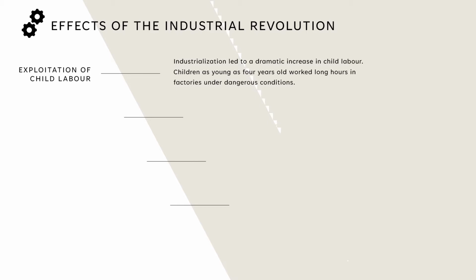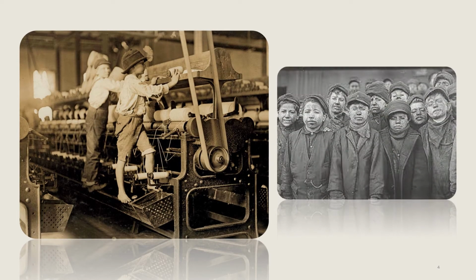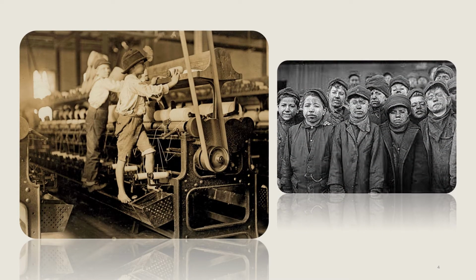So, from a very young age, children were expected to support through various factory jobs. These factory jobs were highly dangerous. Kids were killed on a regular basis, lost limbs, permanently maimed. And this became quite normal in the industrialized society.